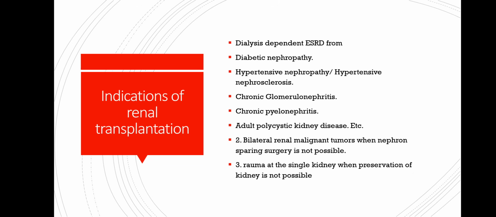The last one is adult polycystic kidney disease. Then bilateral renal malignant tumors when nephron sparing surgery is not possible, and trauma in single kidneys when preservation of the kidney is not possible. These are the indications of renal transplantation.